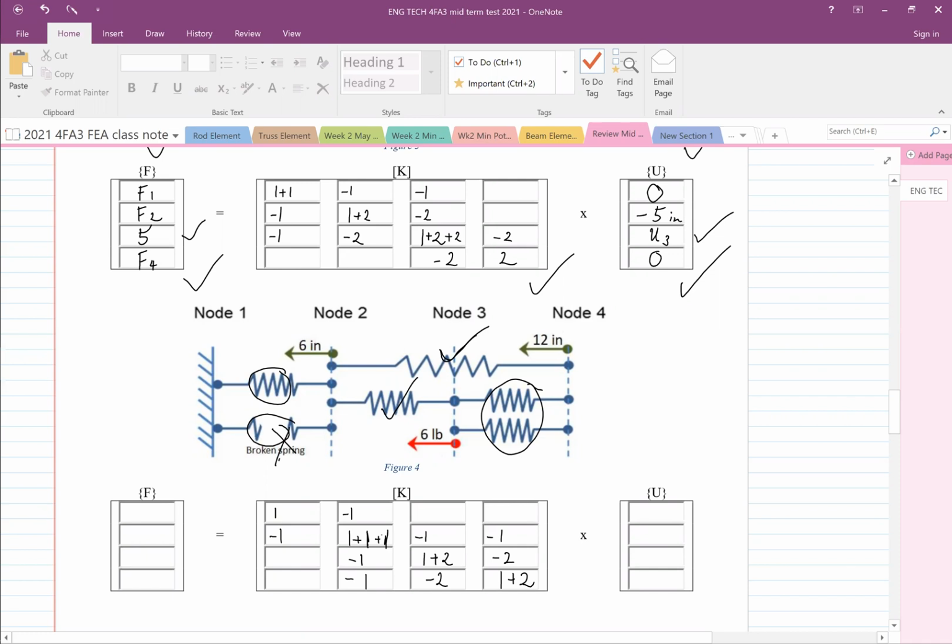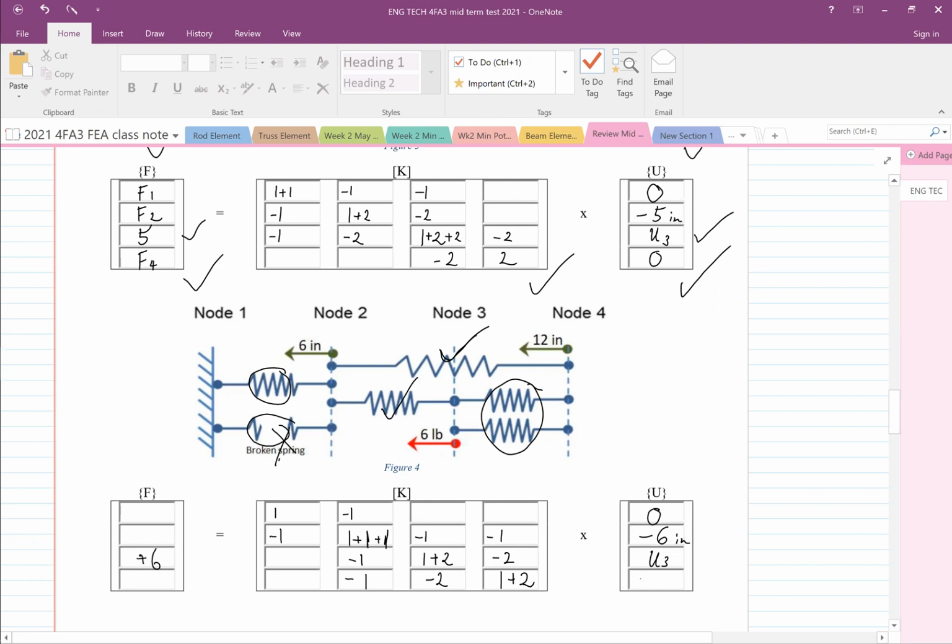Okay, these boundary conditions: the first node is tied, nothing's there. Node 2, yes, there is something, which is a -6 inch. And node 3, it is moving, because there's a positive force on it.